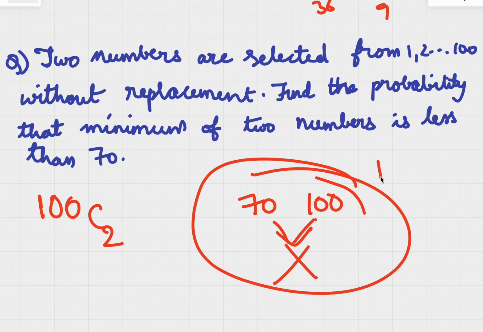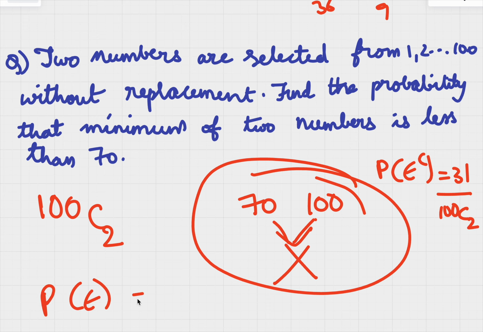So the E complement will be 70 to 100. There are 31 numbers, so 31 C2 by 100 C2. So what will be the probability of this event? 1 minus 31 C2, picking two numbers from these 31, by 100 C2.